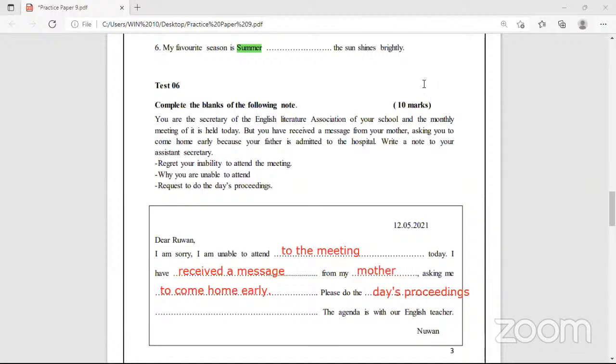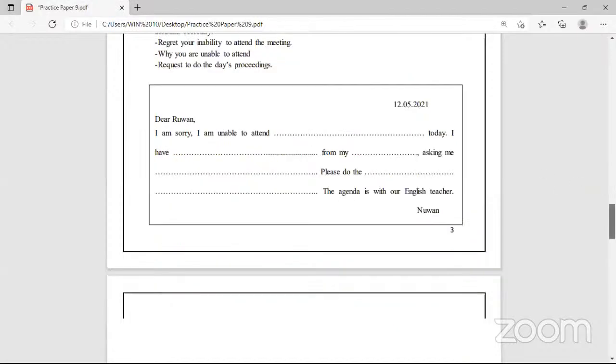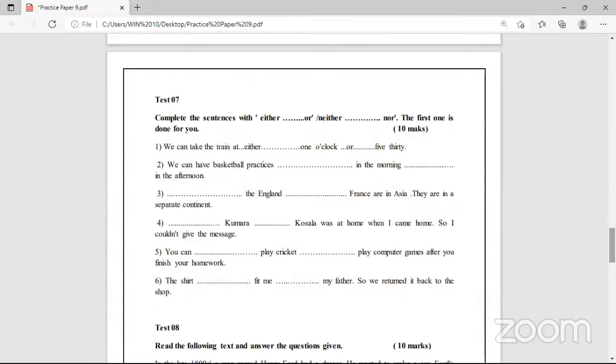I will clear the answers. And so you have to complete that question by using correlative conjunctions, either or, neither nor. Right, take 2 minutes.